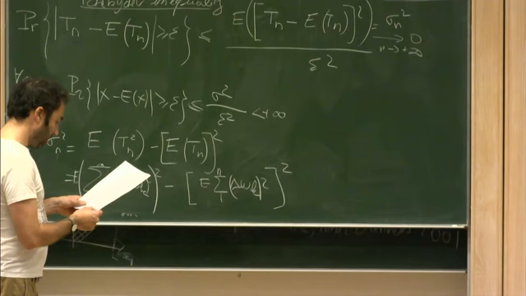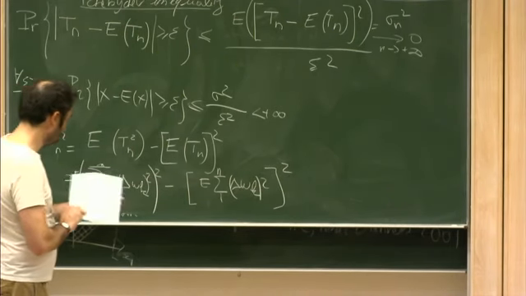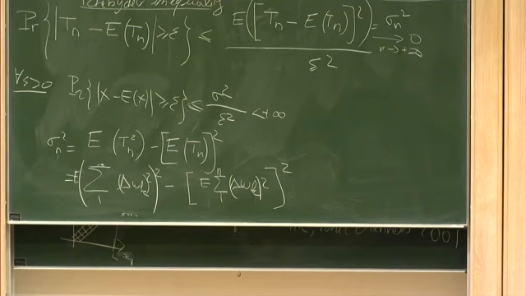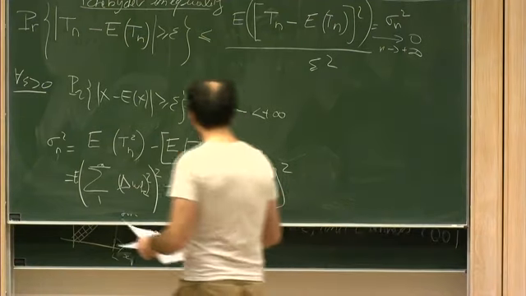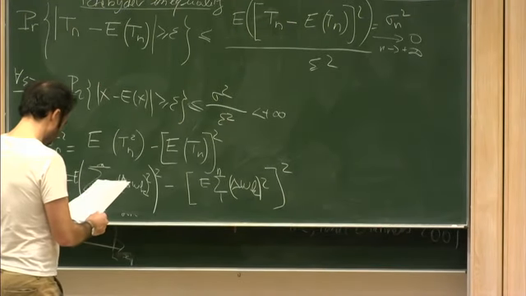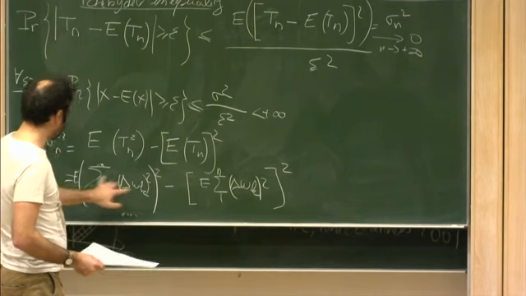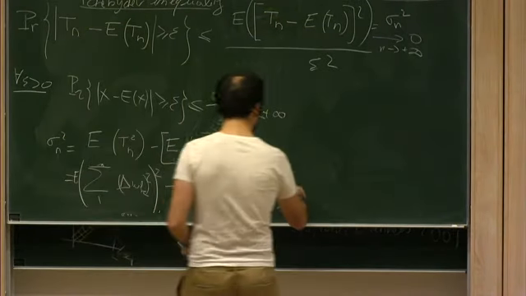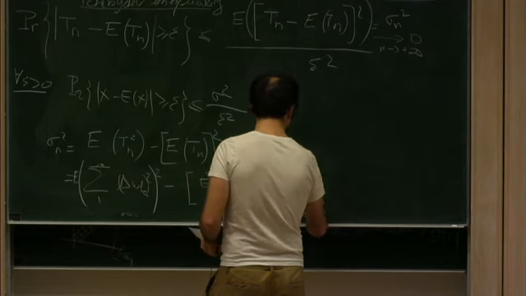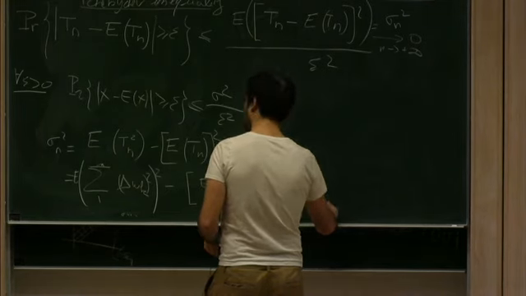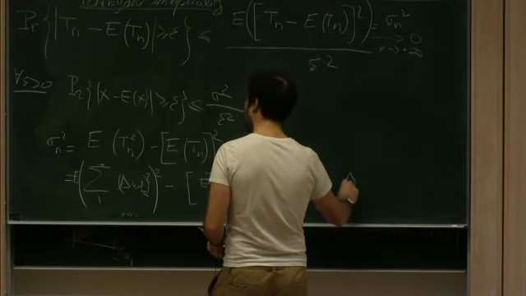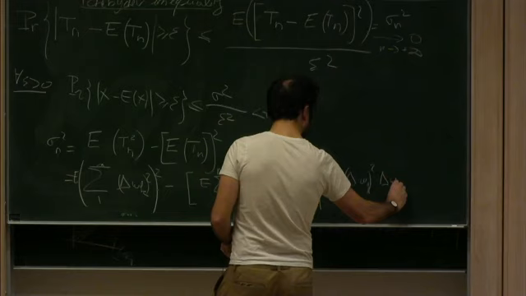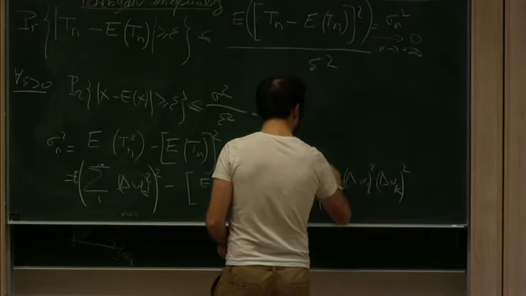Okay, and so now what do we have here? This squared, I can also develop it. The first one is a sum from 1 to n over k and q of d omega k squared times d omega q squared. And now we have the expectation of this.